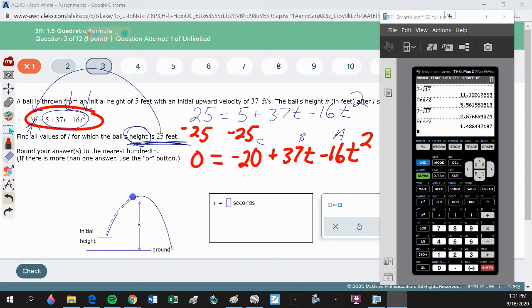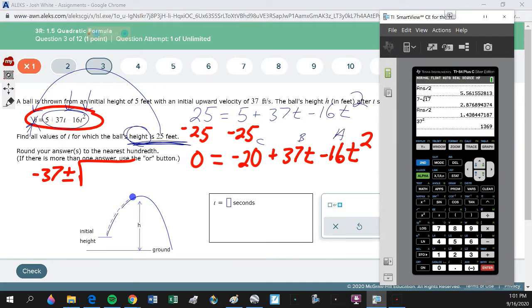Okay, so negative 37 plus or minus the square root, and I don't know this in my head. So 37 squared is 1369, and then negative 4 times what? What's A?